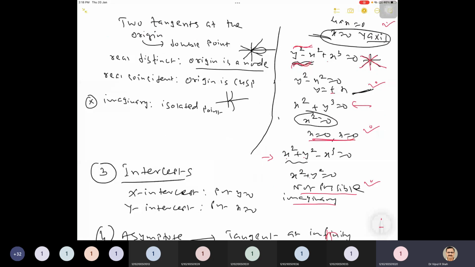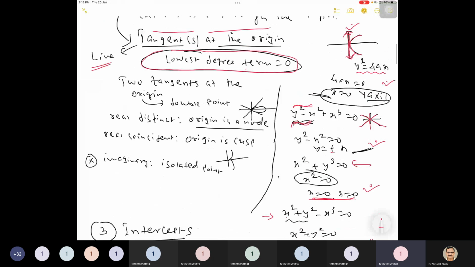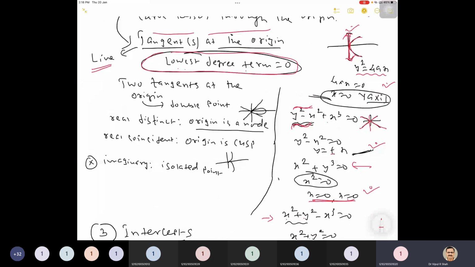Okay, if the curve passes through the origin and there are two tangents, then we call it a double point. Now if the tangents are real and distinct like this, then the origin is called a node.